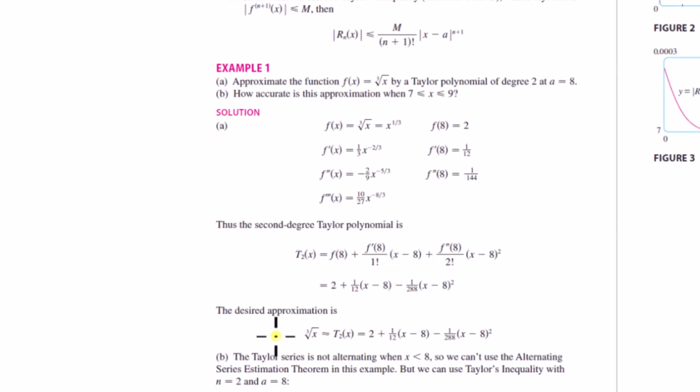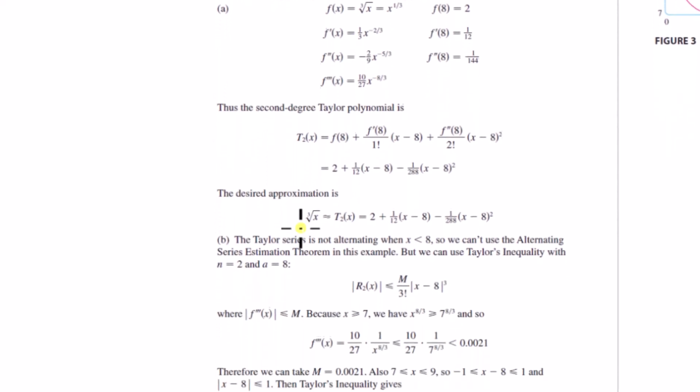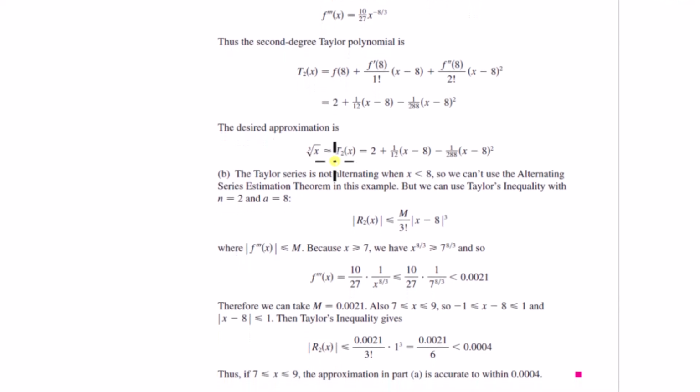So what we're saying is the cube root of x is approximately equal to T sub 2 of x, and notice how they don't put the center point. With the notation for the Taylor series, or for a Taylor polynomial, there's no center. You don't ever indicate the center point.